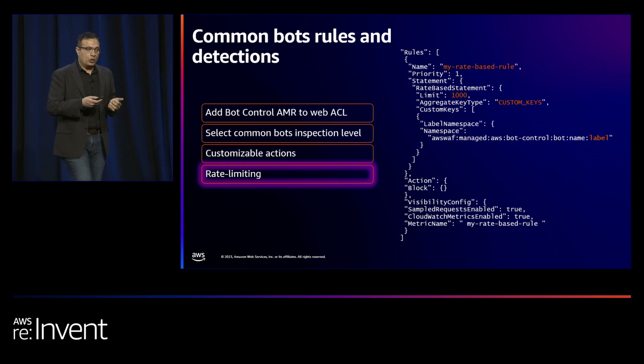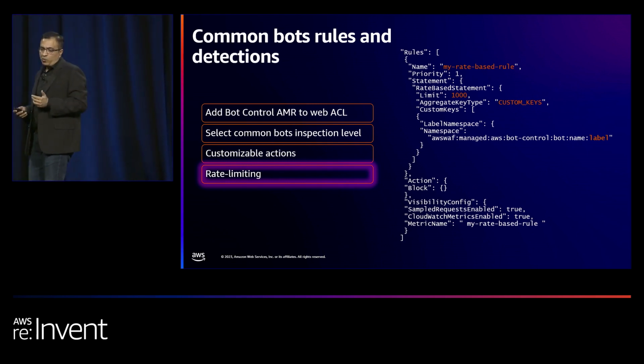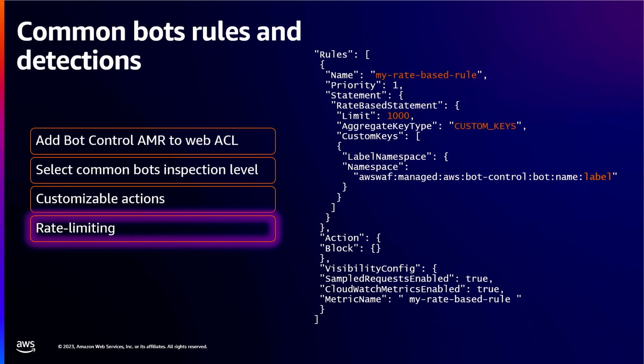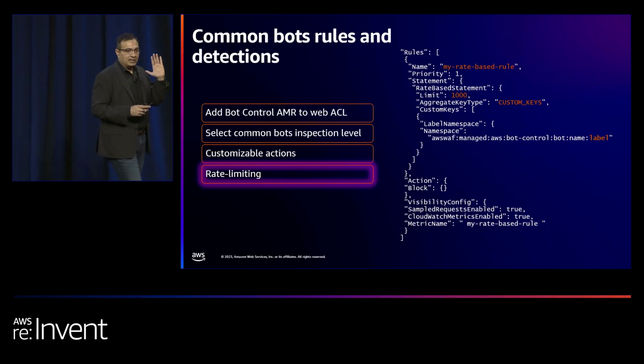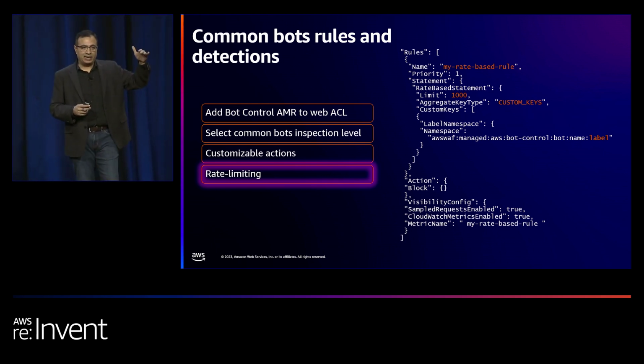One example of how you can use the label is by rate limiting. Let's say you want to allow search engine bots on your website, but not more than a specific rate, because you don't want to pay the added infrastructure costs that are associated with search engine and scraping. To do so, you can use the AMR and set the search engine category in count mode, which will give you the count and also give you the names of the bots that are coming in.